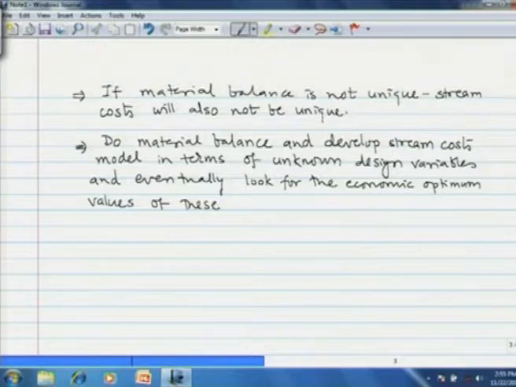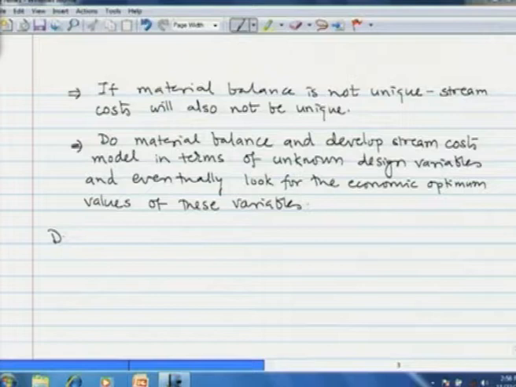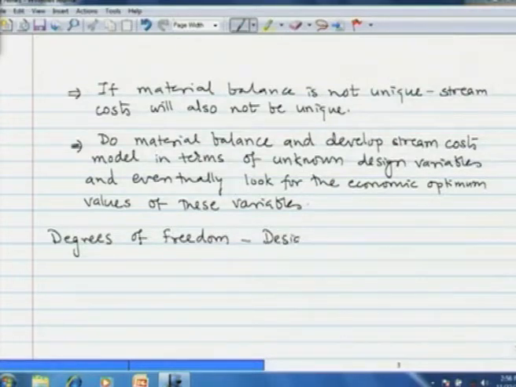Now, we shall see the application of these principles with an example. Before we do that, let us see what are the degrees of freedom or what are the design variables that we can have.